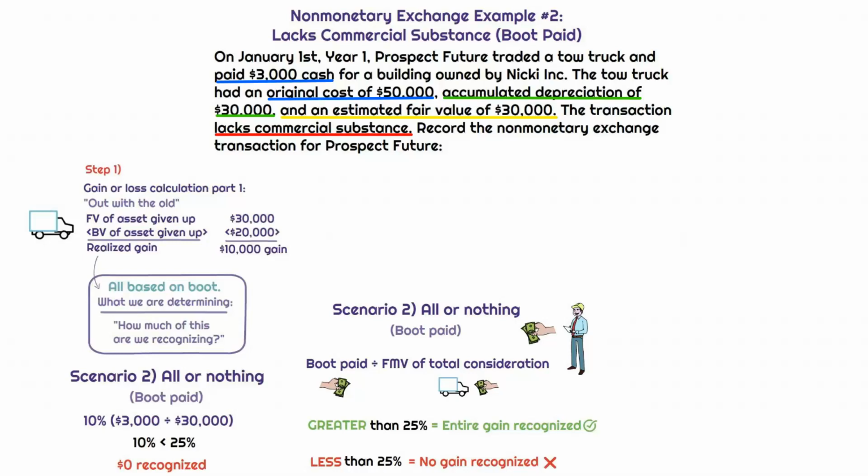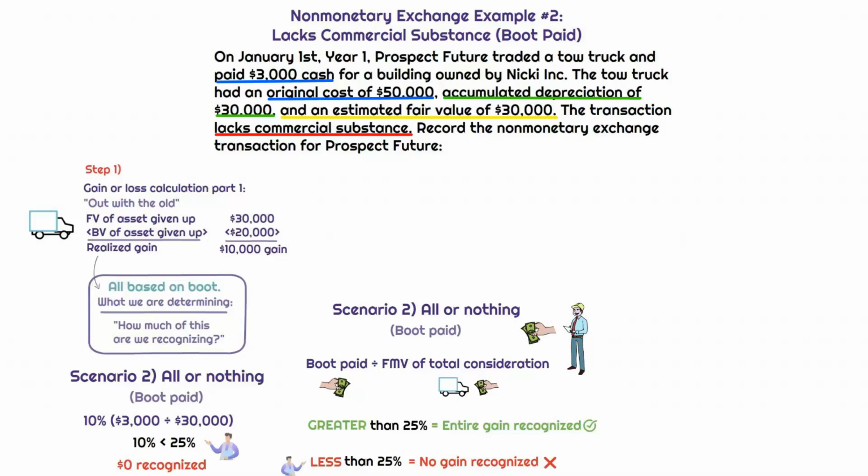If the total boot paid is greater than 25% of the total consideration's fair value, then all of it is getting recognized today. If total boot paid is less than 25% of the total consideration's fair value, then none of it will be getting recognized today.